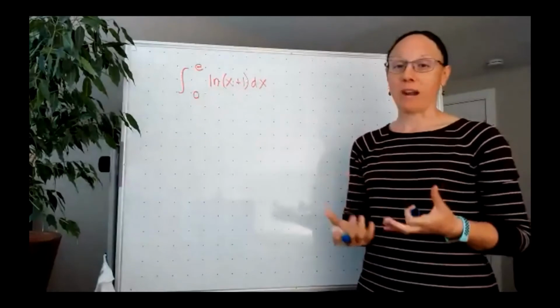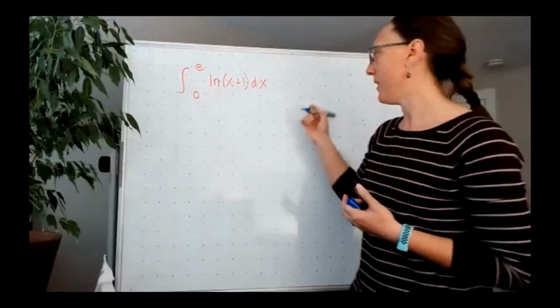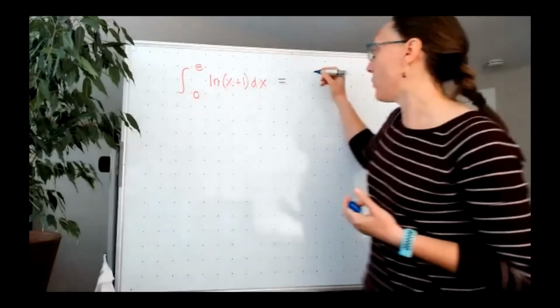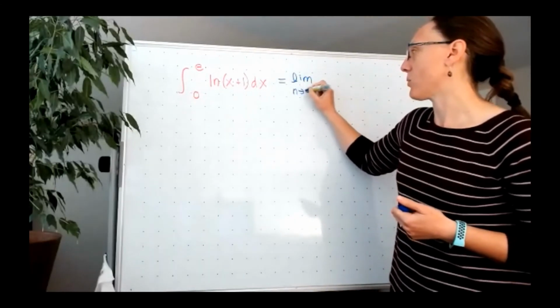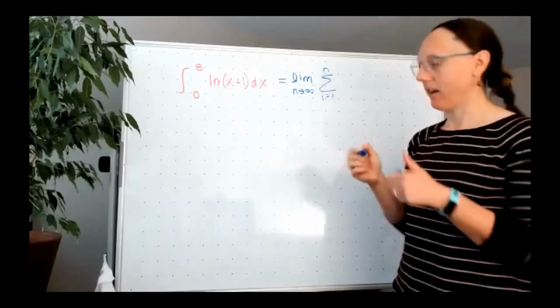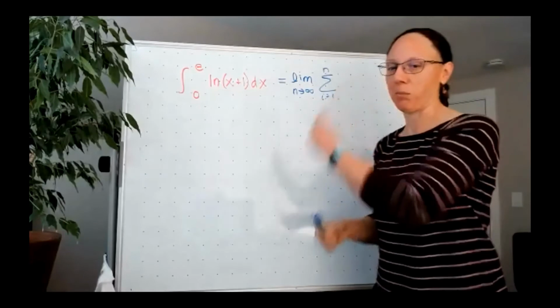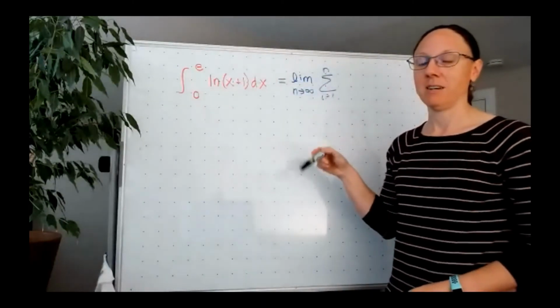And if I wanted to write this as the limit of a Riemann sum, then this is equal to the limit as n approaches infinity of the sum from i equals 1 to n. Wish I had like a stamp to put that part on there because that piece never changes.